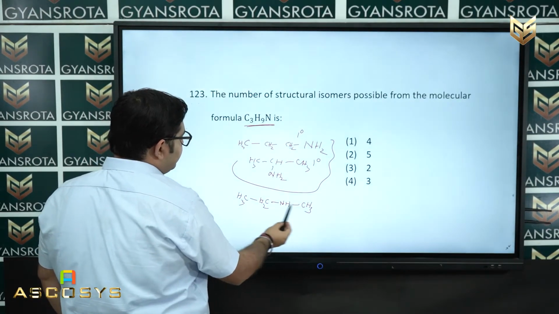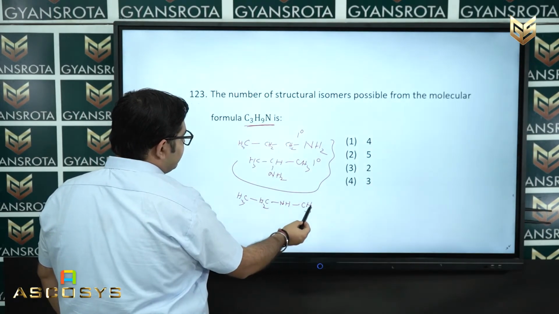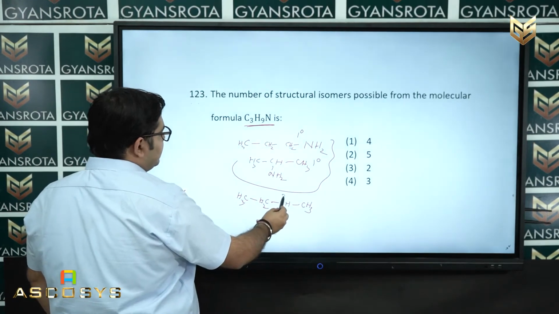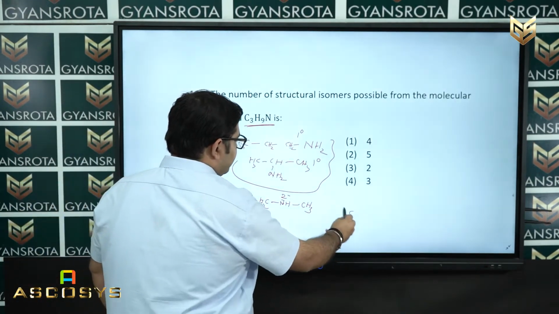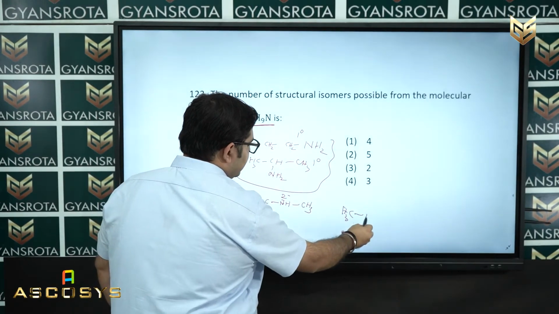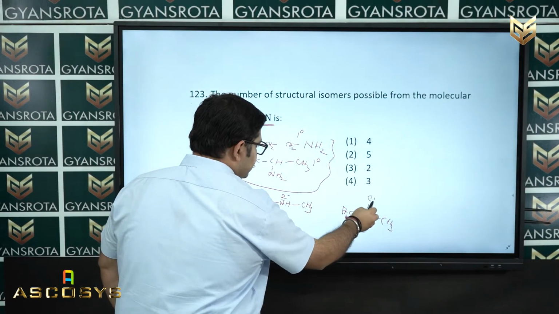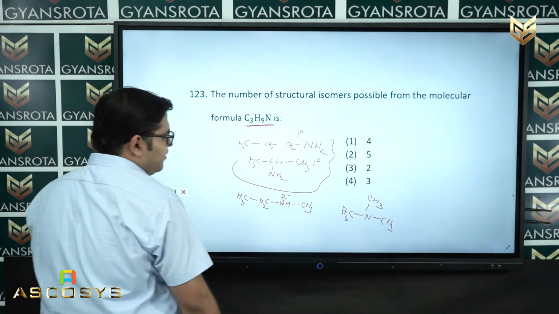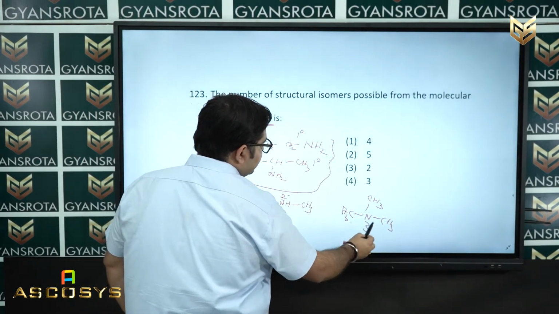Now see, number of hydrogens: 1, 2, 3, 4, 5, 6, 7, 8 and 9. Okay. So, this is nothing but your secondary amine. Now, CH3 and CH3 and CH3. If you see, 3 plus 3 is 6, 7, 8, 9. So, this is your tertiary amine.